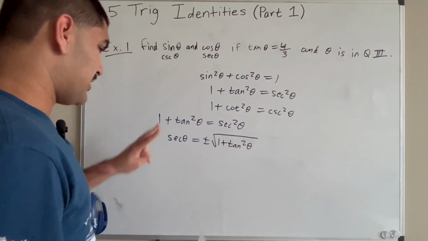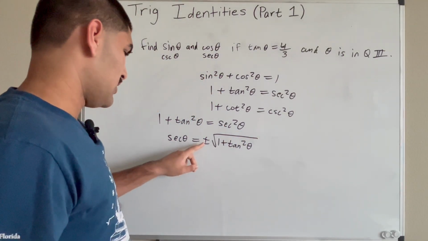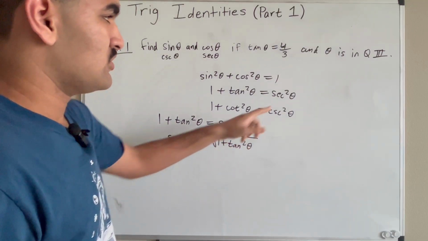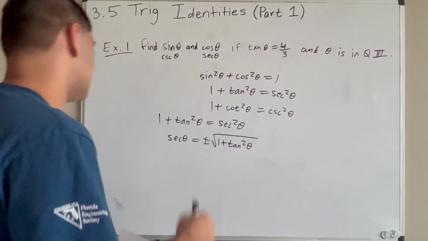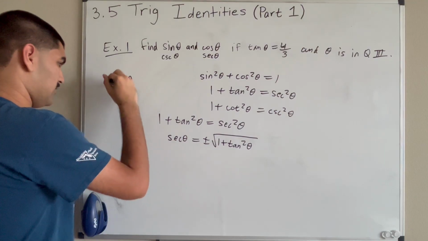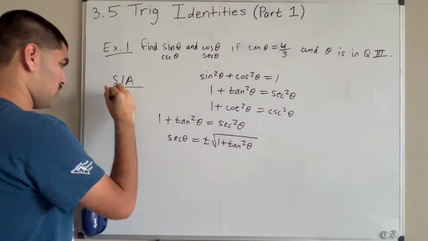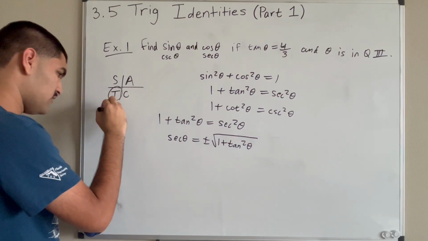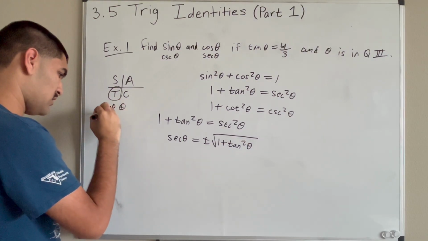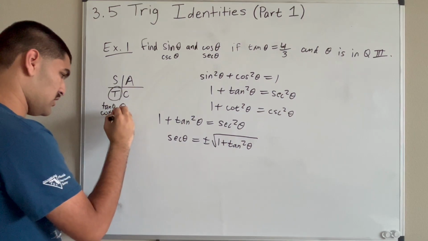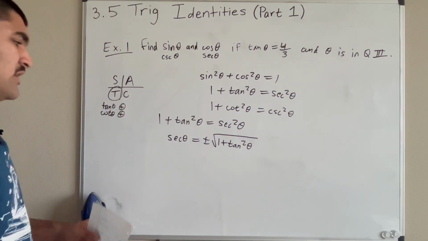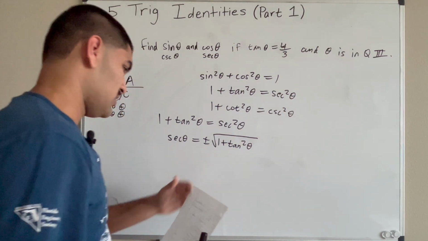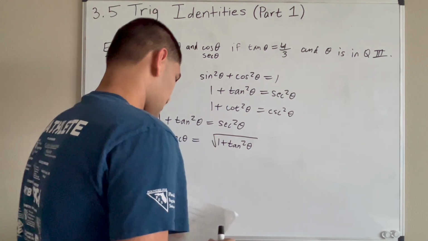So first we have to determine whether it's positive or negative. Theta is in quadrant 3, so this is where the ASTC comes into play again, right? In quadrant 3, we know that tangent of theta is positive, and its reciprocal, cotangent of theta, is also positive. But everything else is negative. So that means secant is going to be negative, so you want the negative square root.